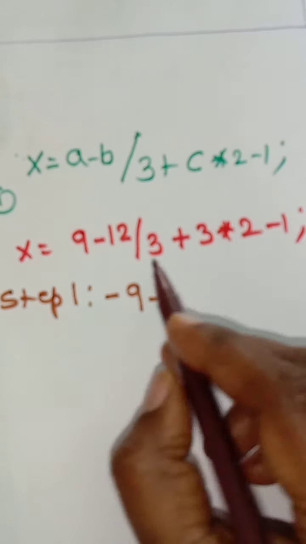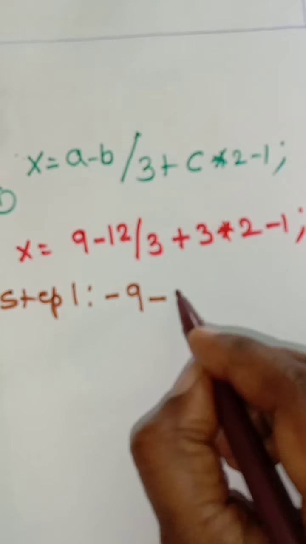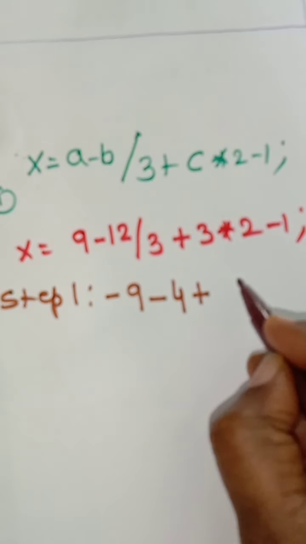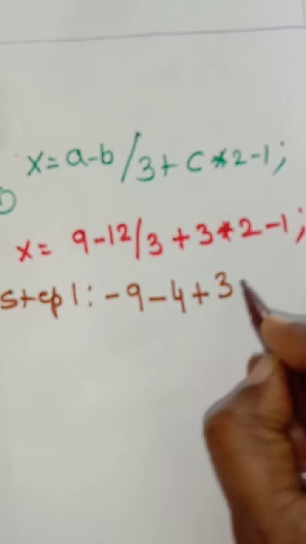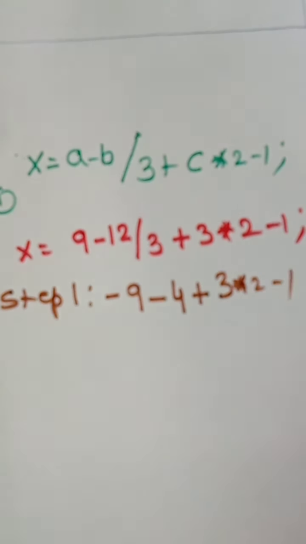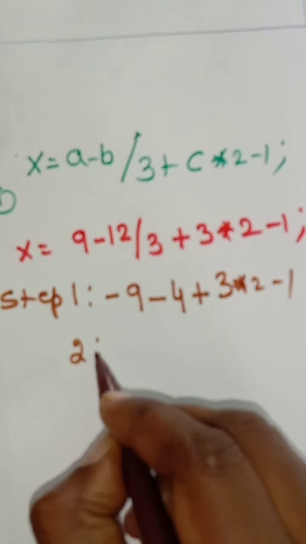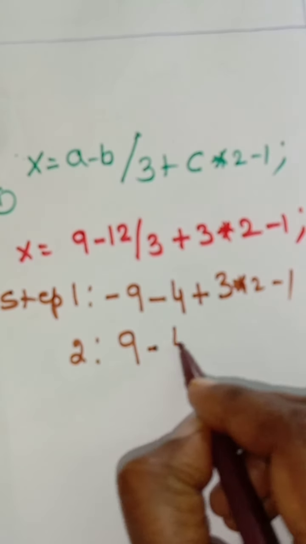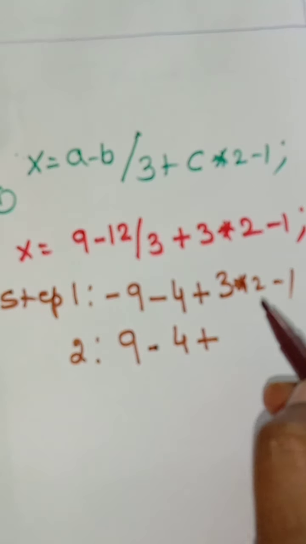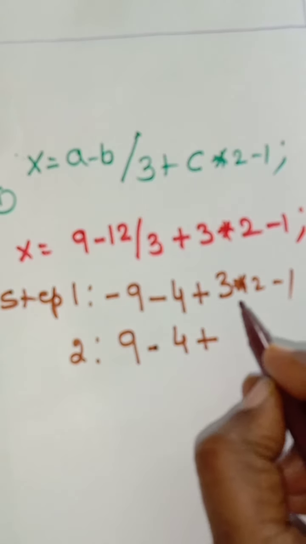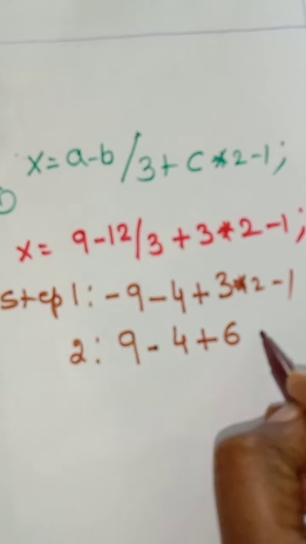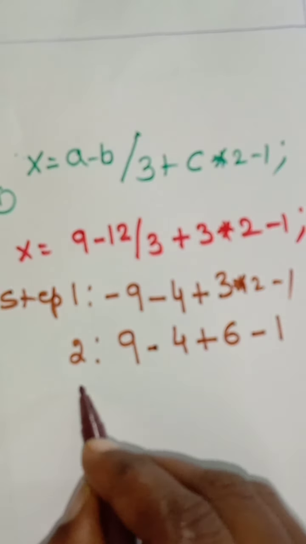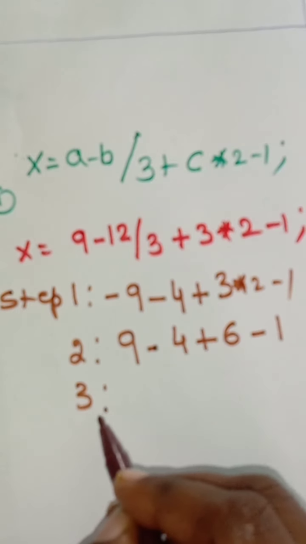The highest priority is 12 divided by 3, 3 fours are 12, and plus is also as it is, 3 into 2 minus 1. Step 2 is 9 minus 4 plus 3 into 2. Next you have to do 6 minus 1.